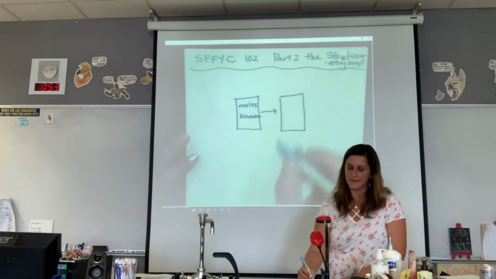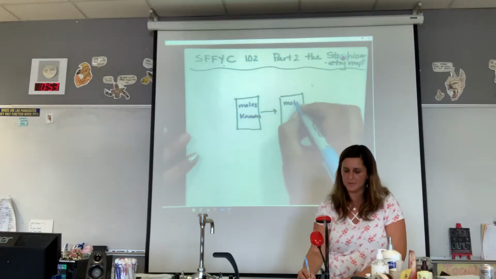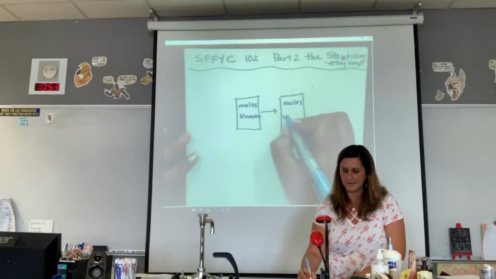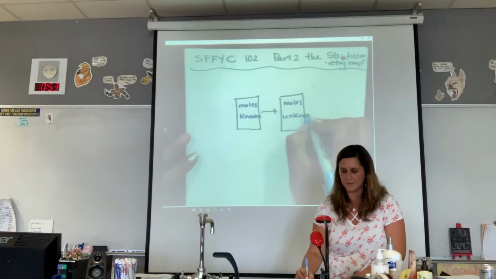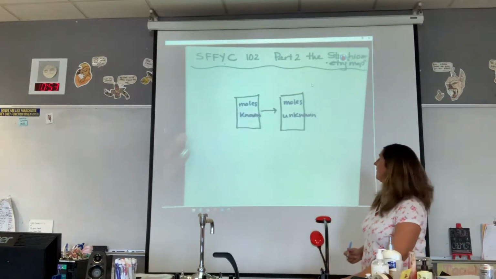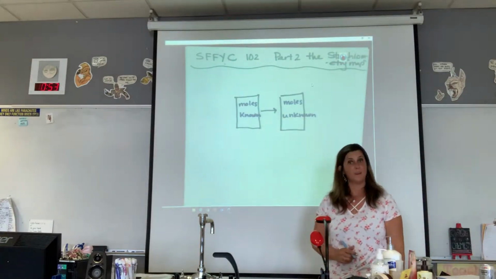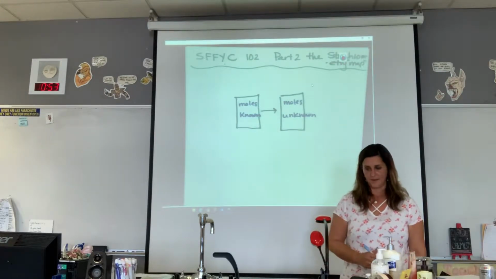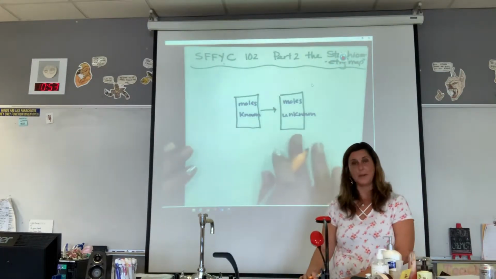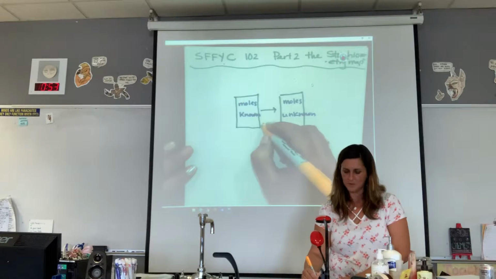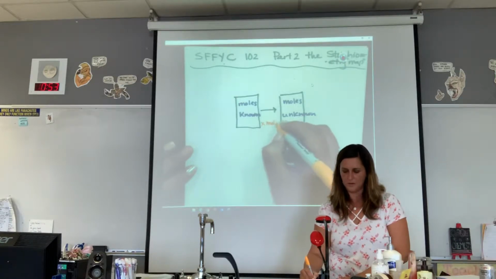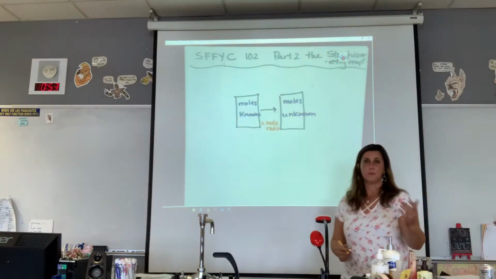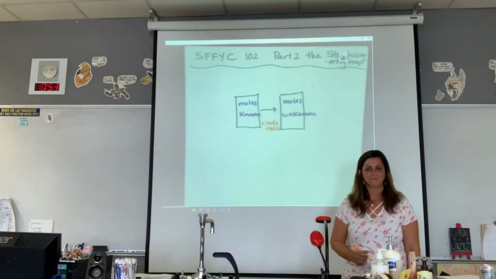And if we wanted to get to the moles of the substance that is not known to us or that's asked about, we would call that the moles of the unknown. And to get between them, we multiply by the mole ratio. We talked about mole ratios in part 1.